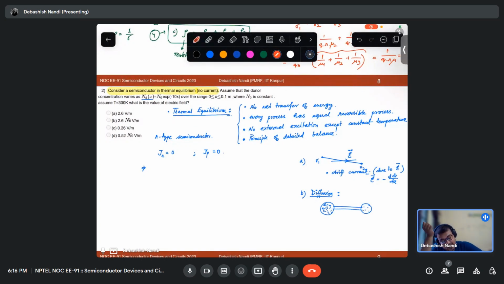Carriers will flow from high concentration to low concentration area, right? That means if the concentration is N1 here and N2 there, and there is a gradient, dn/dx or dp/dx not equal to 0, there will be diffusion. From higher concentration, they will go to lower concentration.